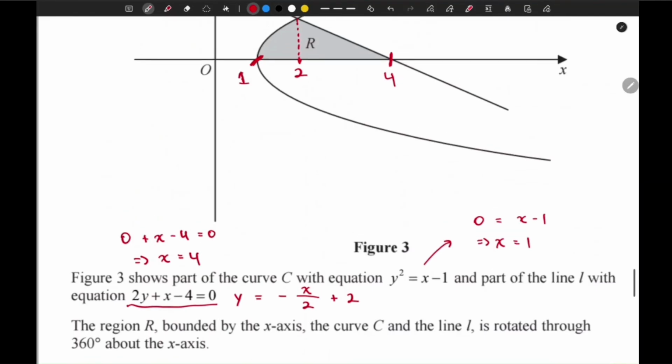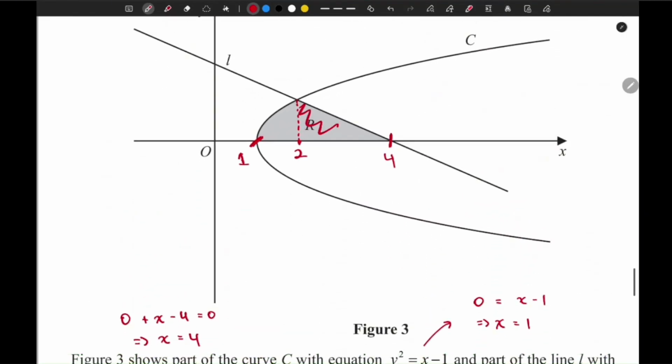Now in order to find out the volume of the second region, there are two methods of solving this. As you can see, this becomes a cone, and you can calculate the volume of the cone using volume equals 1 over 3 pi r squared h. Or, what most people prefer, you can integrate the line and find out the volume.